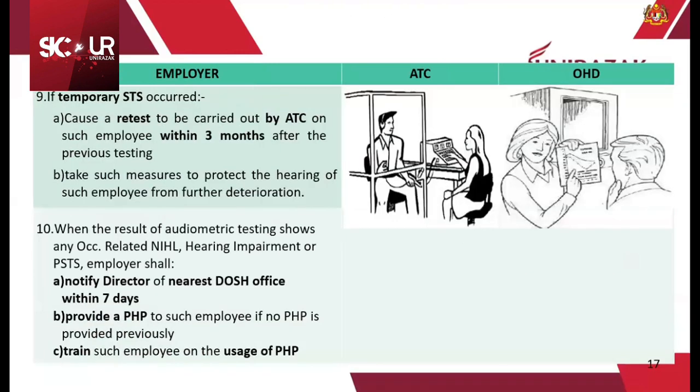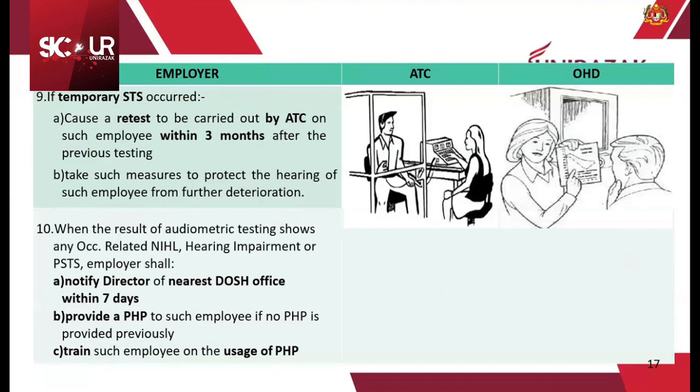Alright, so kesembilan, if a temporary STS, standard threshold shift, cause the retest to be carried out by the ATC on such employee within 3 months after the employee's previous testing. Selepas 3 bulan kita test lagi, so hopefully ada berlakunya penambahbaikan lah.